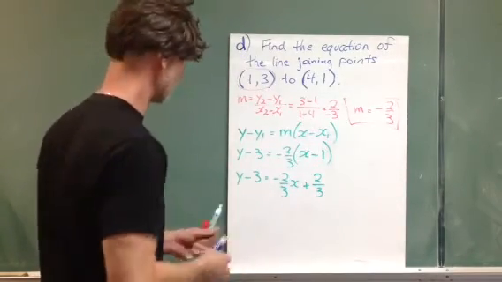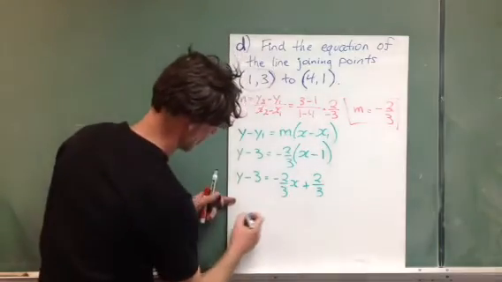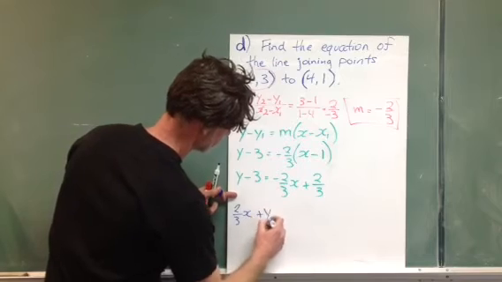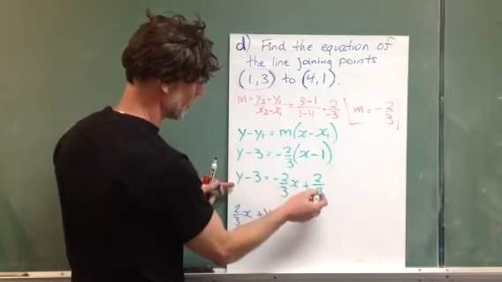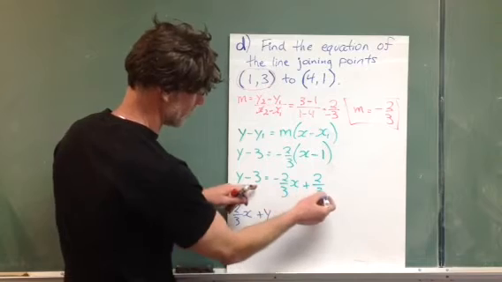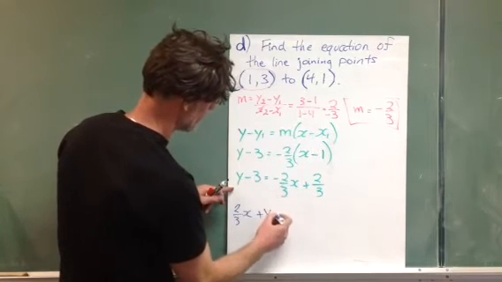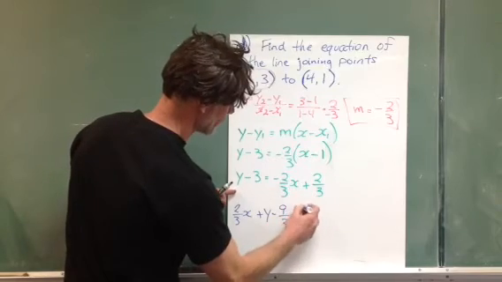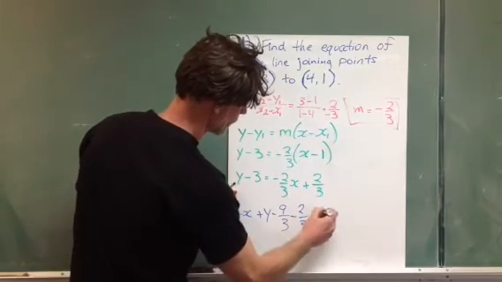Let us do that real quick. That comes over as 2/3 x plus y. I'm going to make that 3 into thirds so I can combine these two terms. So that's minus 9/3. That comes over as minus 2/3 equals 0.